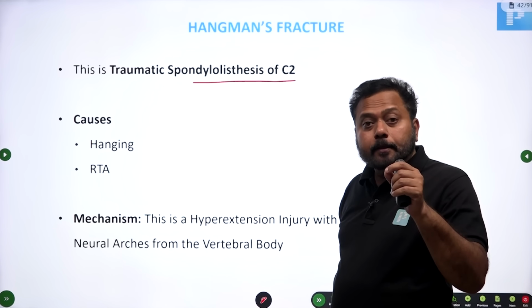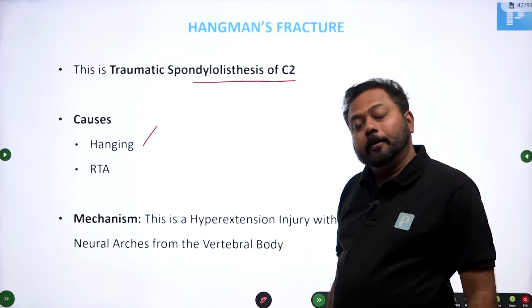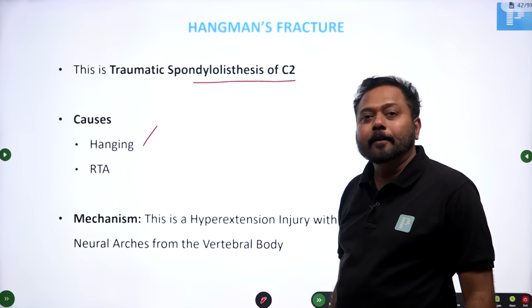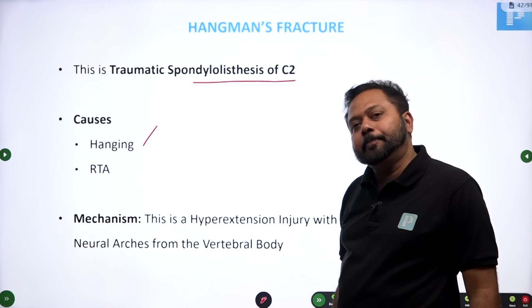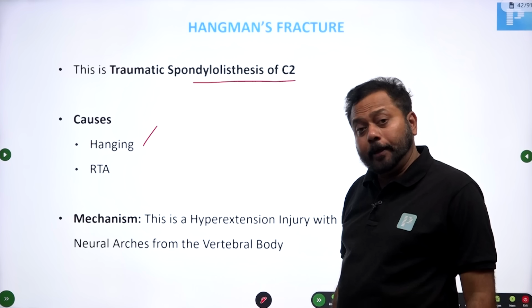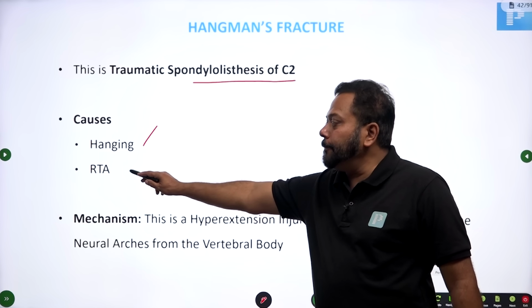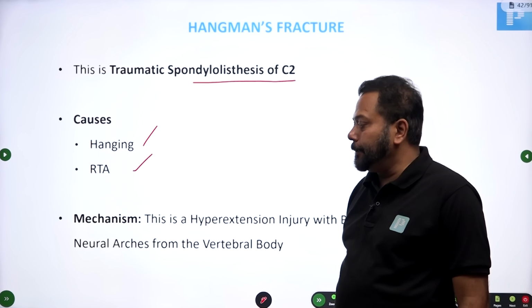The cause is hanging, either suicidal or in court verdict, somebody in gallows, no, hanging, caused traumatic spondylolisthesis of C2, sudden respiratory arrest and death. That is why this is called hangman. Okay, rarely this can happen in RTA, road traffic accident.